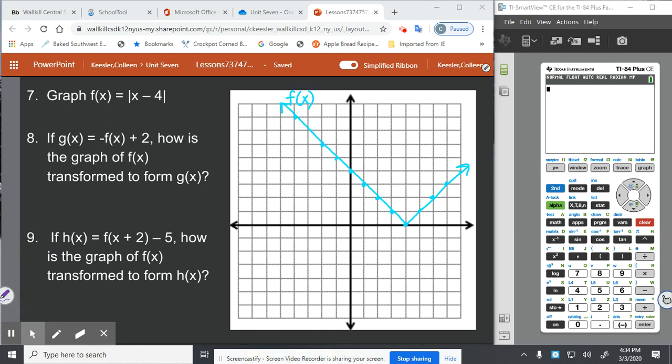So first we rewrite our equation. G of x is negating f of x, so negative absolute value of x minus 4, and then adding 2. So that's what it would look like. That gives me a vertex of 4, 2, and then tells me to go down 1 over 1 instead of up 1 over 1. So 4, 2 is here, and then it's going to go this way.